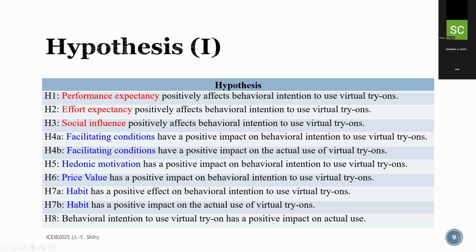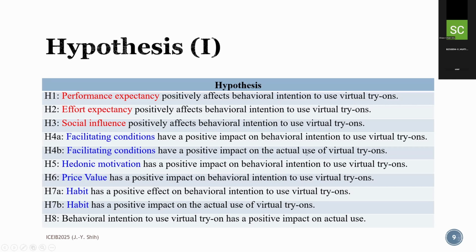And effort expectancy, social influence, facilitating conditions, they have a positive impact on behavior intention. As to the H4B, we propose facilitating conditions have a positive impact on the actual use of virtual try-ons.